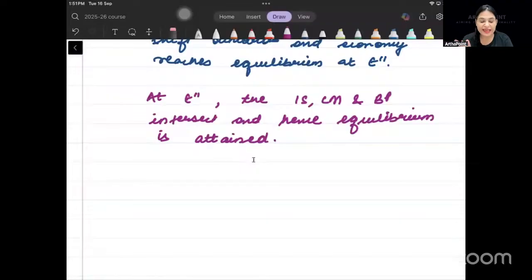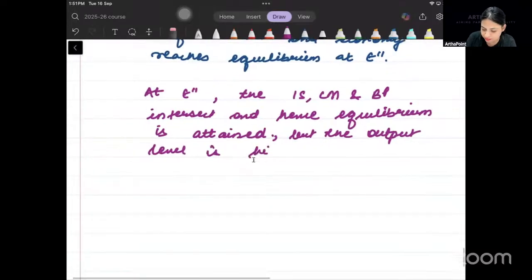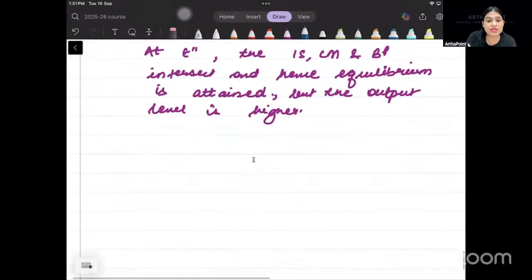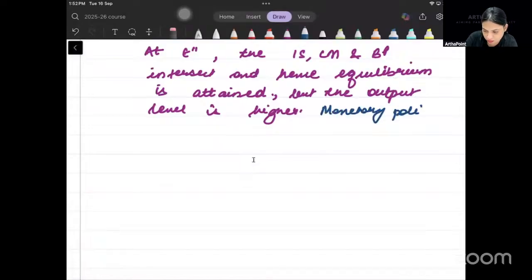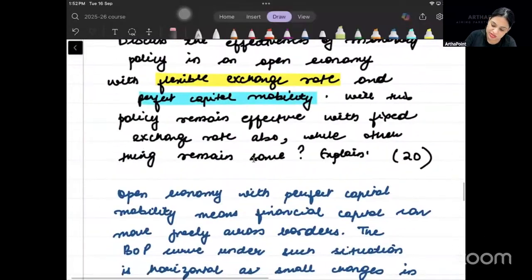So we have again attained equilibrium, but the output level is higher. The output level is higher. So since the output level is higher, monetary policy is effective.